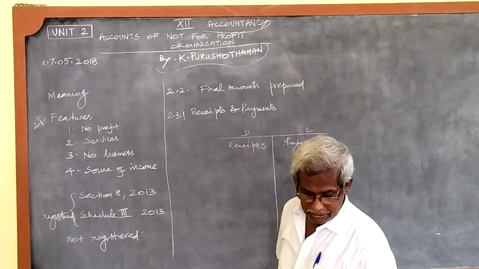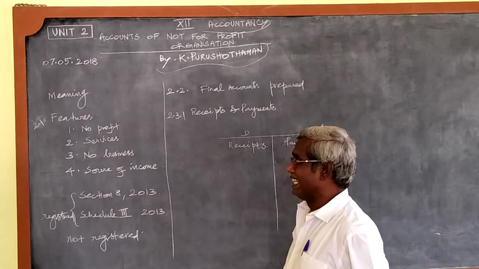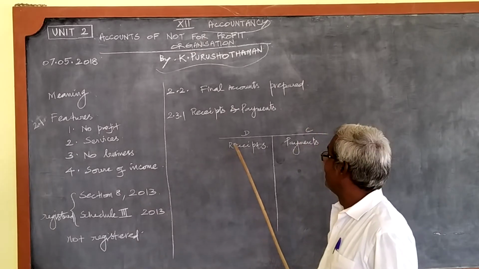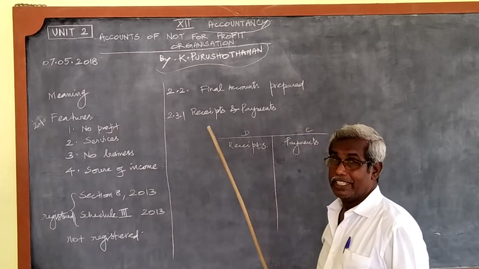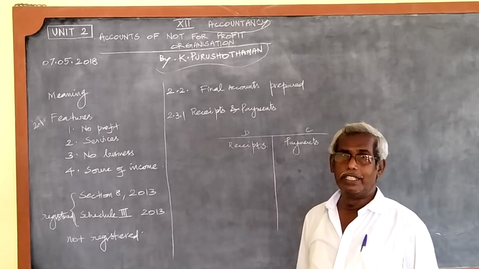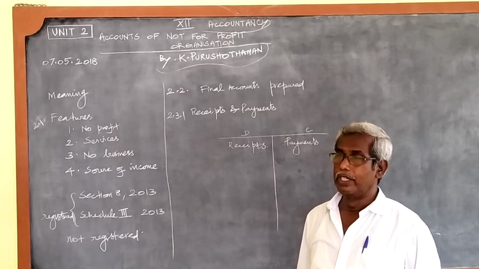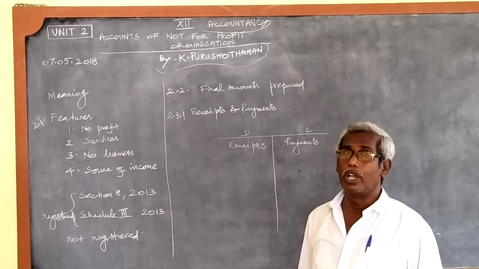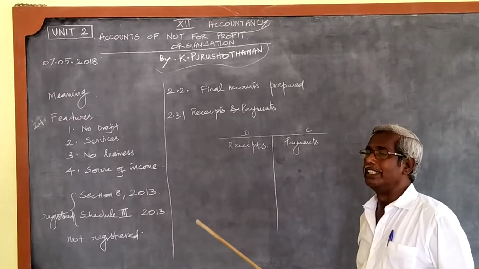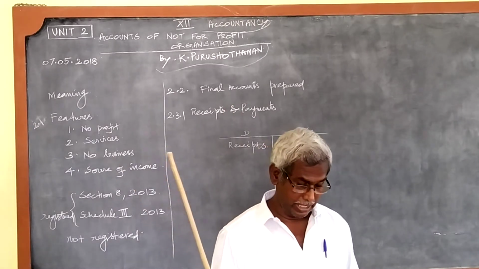Number 1, whatever the type of receipts in terms of cash, we write it under the receipt side, that is on the debit side. Whatever amount we receive, those amounts are written under the receipt side if they are received in cash.